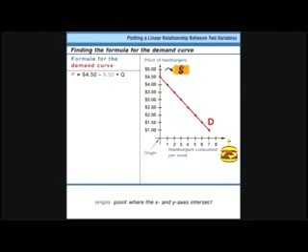Now, if that takes you by surprise, remember from your algebra class that if we have a variable that's measured on the y-axis and another one that's measured on the x-axis, the formula for any straight line is: the y-axis variable is equal to a plus b times x, where y is the variable that we're measuring here, in this case, price.